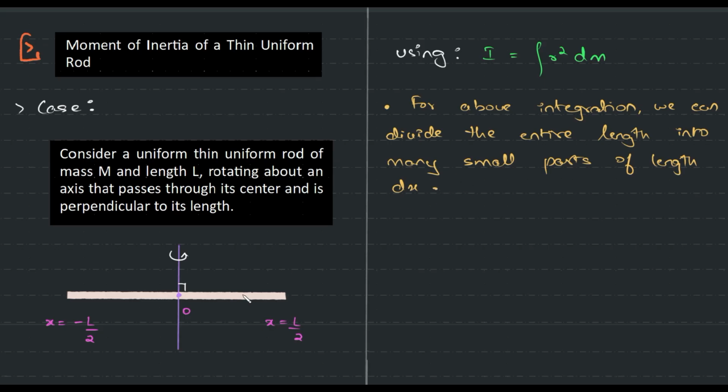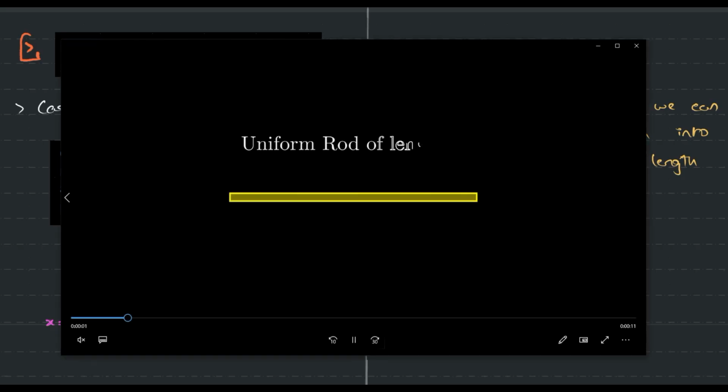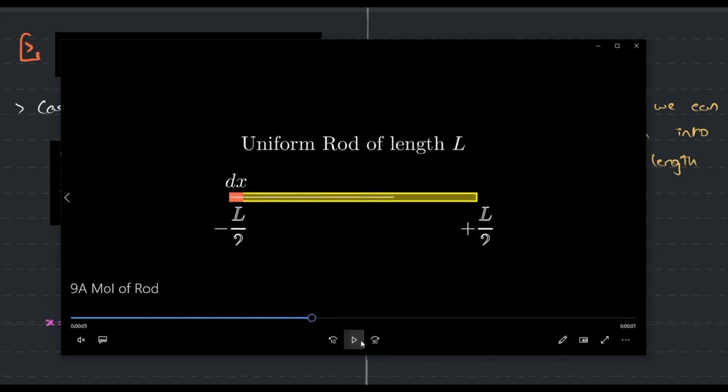So we are dividing this into many parts, right? After that, what should we do? I have this small animation. We are considering a small part dx. From one end to the other end, we just need to add them up. That's the whole funda.